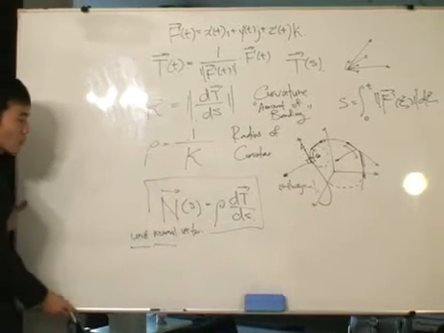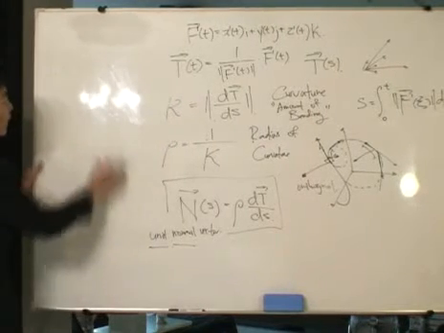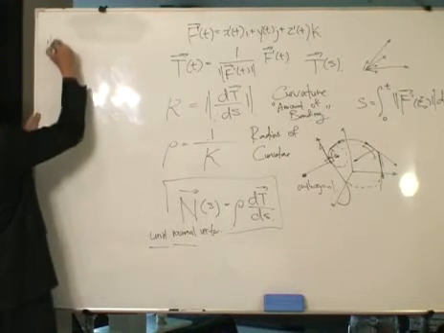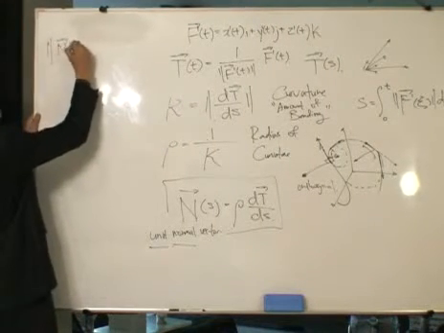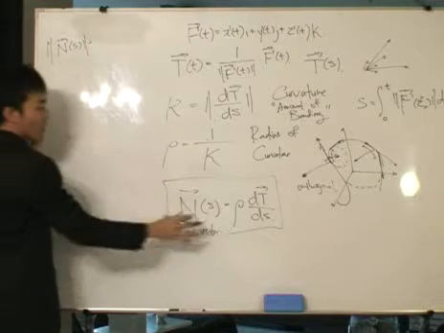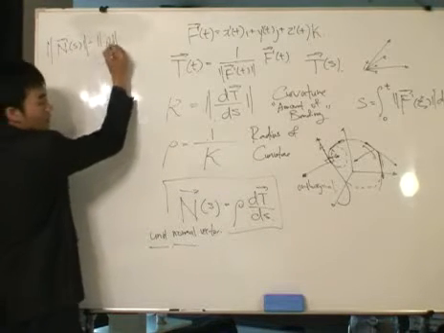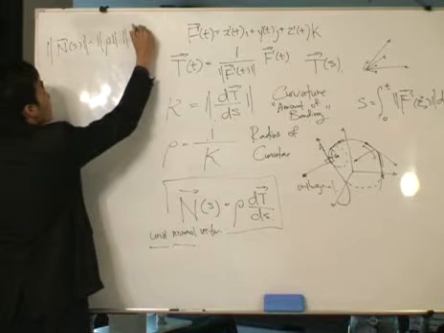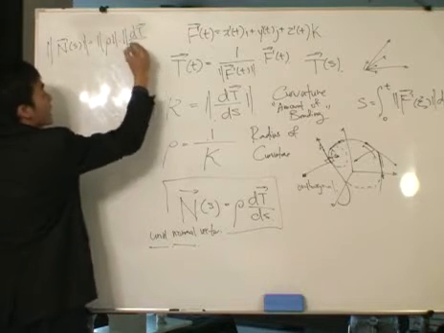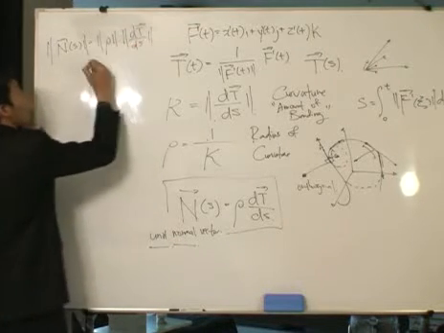Let me push the whiteboard a bit over there so you can see what I mean. Taking the modulus of these two quantities, rho and the derivative of the unit tangent vector with respect to s.